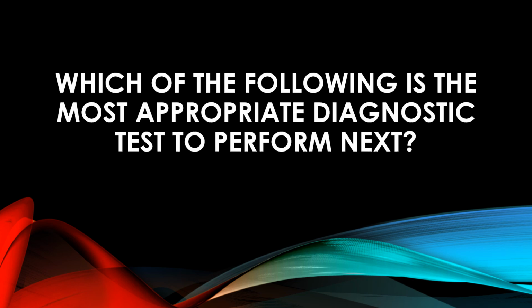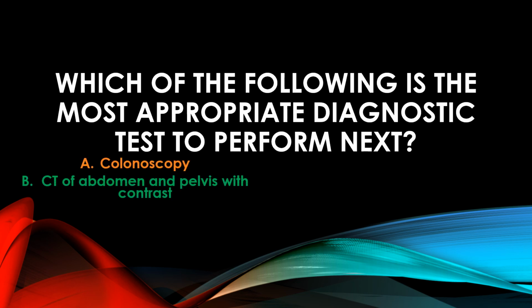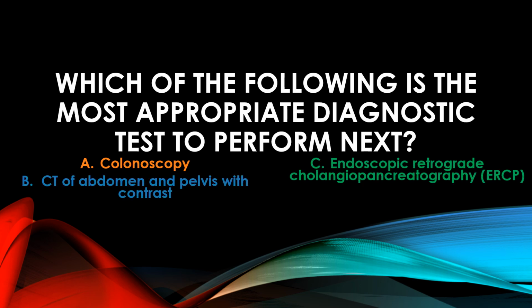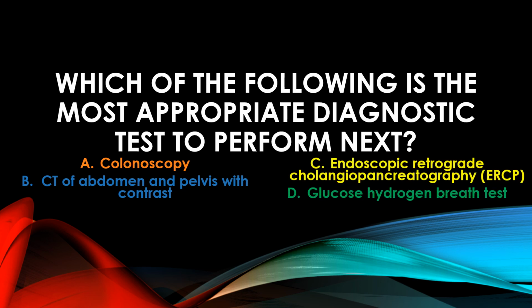So, which of the following is the most appropriate diagnostic test to perform next? Colonoscopy, or CT abdomen and pelvis with contrast, or endoscopic retrograde cholangiopancreatography, what is known as ERCP, or glucose hydrogen breath test?